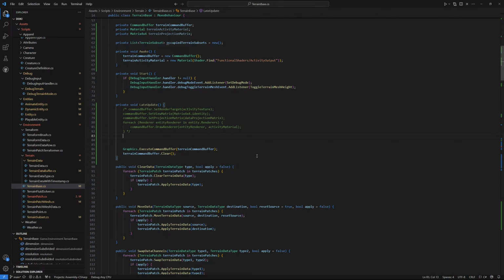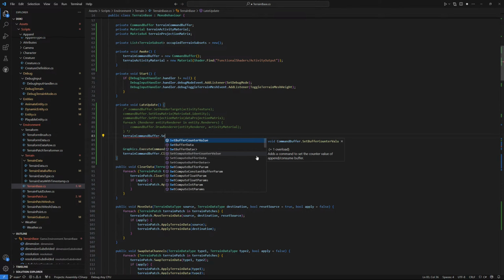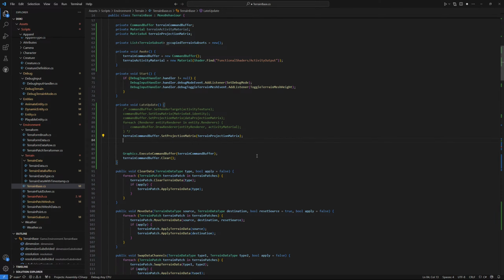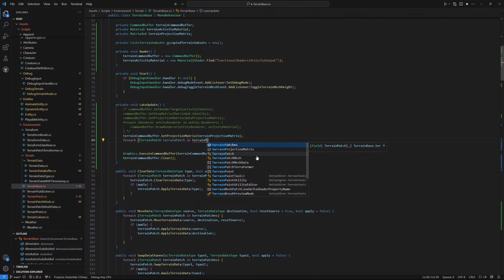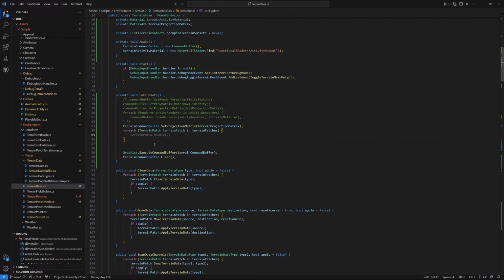Yeah, we want to do terrain command buffer, set projection matrix, terrain projection matrix, and then we want to do for each terrain patch in terrain patches, I thought. Yeah.